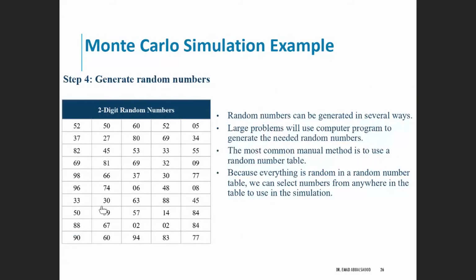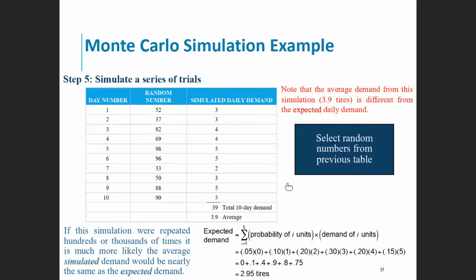You can run that through all the generated numbers or series you have done in step 4. And here the note says that the average, by the way, you just divide the total over the number, so 39 divided by 10, and that will be 3.9 as the average.